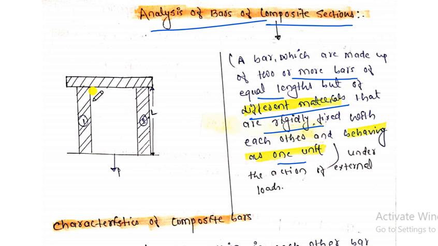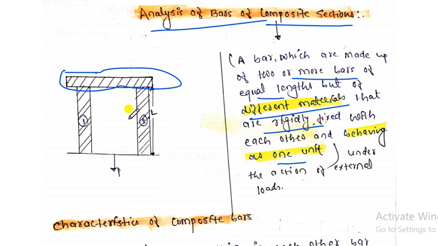As you can see in the figure, there are two bars, section 1 and section 2. Suppose it is copper and aluminium, and these two bars are rigidly fixed to the top surface.